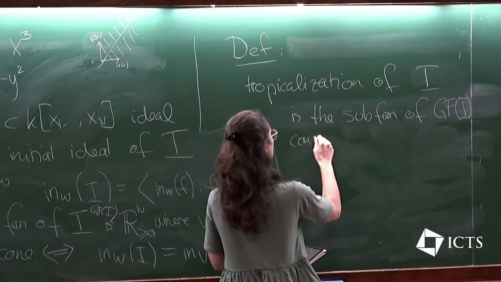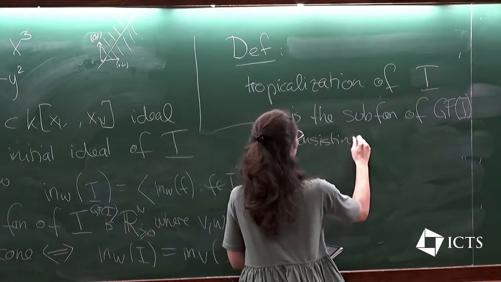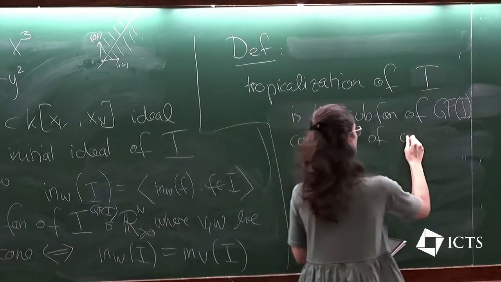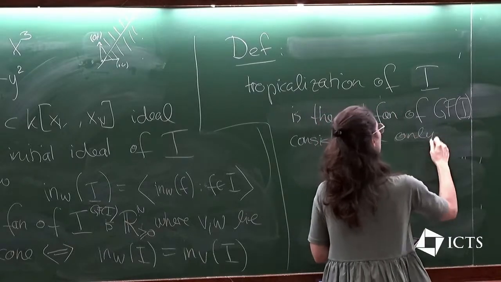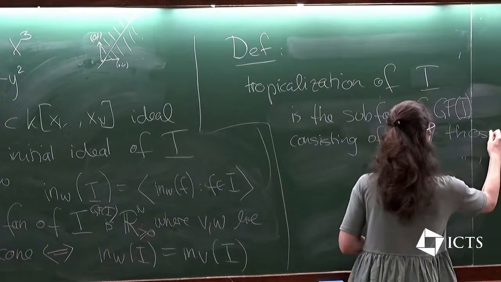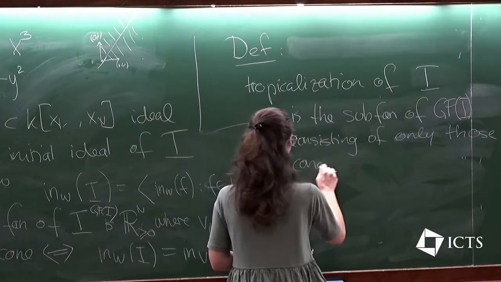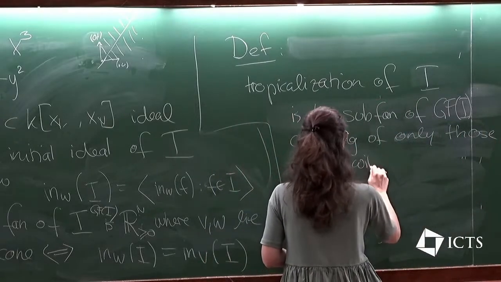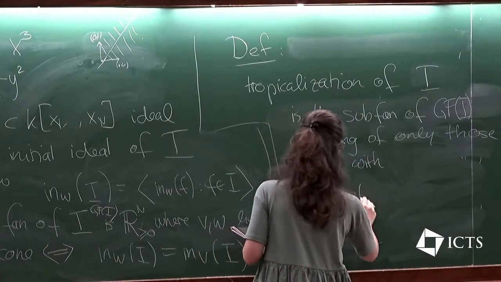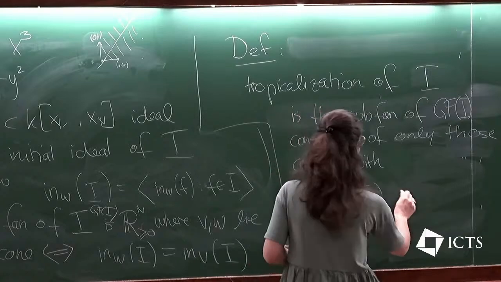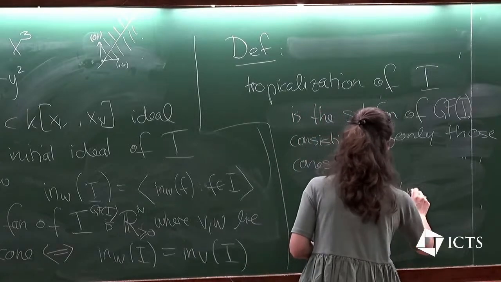consisting of cones, or only those cones, where the initial ideal does not contain any monomial.